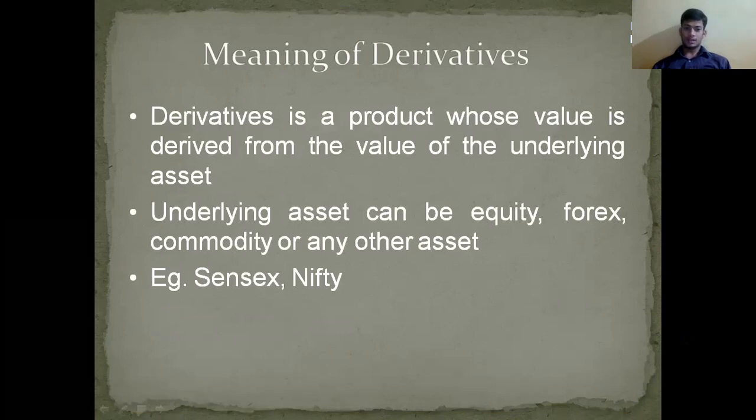For example, Sensex and Nifty. What are Sensex and Nifty doing? Both deal in the selling of assets like equity capital, debentures, etc., which are held in a demat account, which is under dematerialization, and also under SEBI.